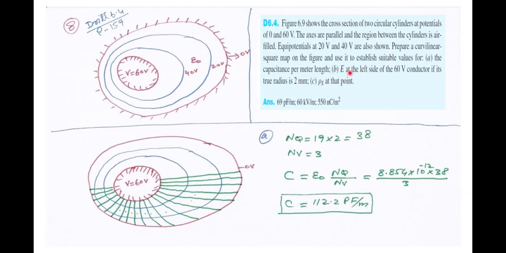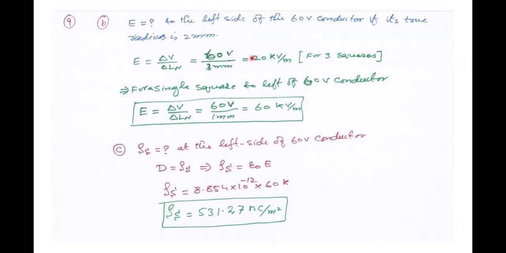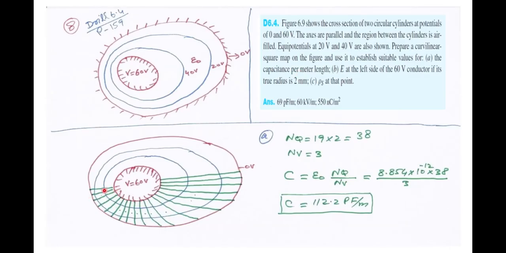In part B of this problem, we are asked to find the electrostatic field at the left side of the 60 volt conductor if its radius is 2 millimeter. You can do this in different ways. For instance, you consider three squares on the left side. As I told you, on the left side of the inner conductor the fluxes are very strong because the inner conductor is very close to the outer conductor.